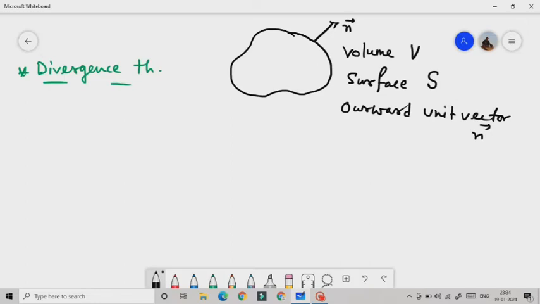With this construction, let A be a vector point function.